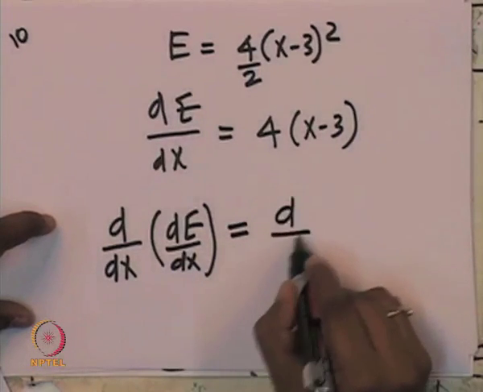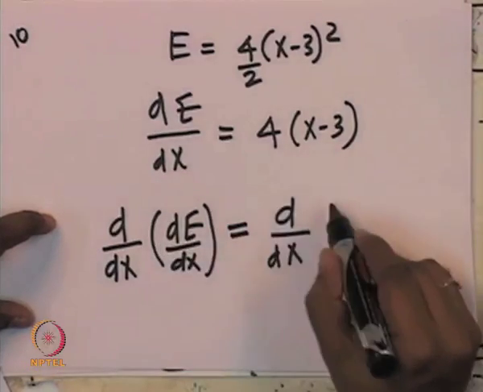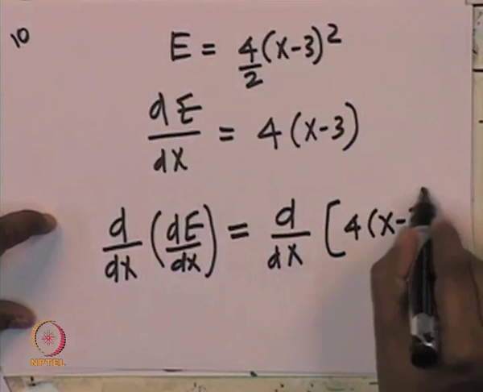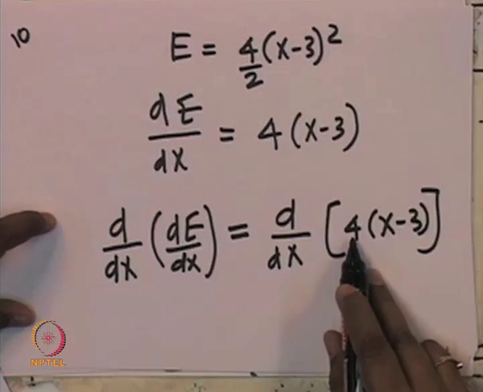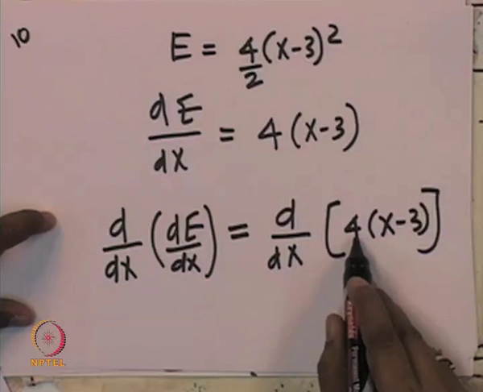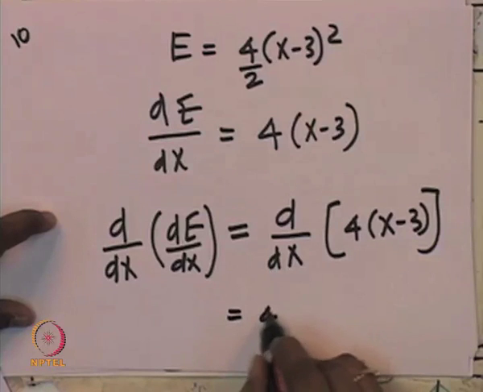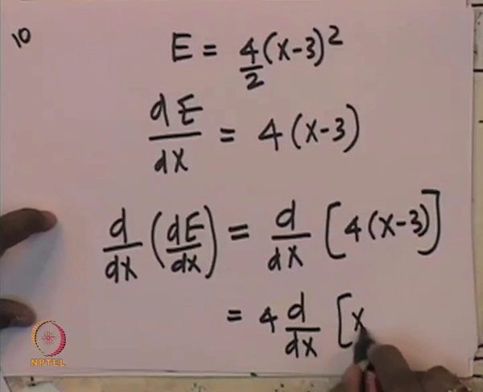So, d by dx of dE by dx, where dE by dx is 4 into x minus 3. Let us write here 4 into x minus 3. 4 is a constant and does not depend on x, so you can take this out of the derivative. What you have is 4 into d by dx of x minus 3.